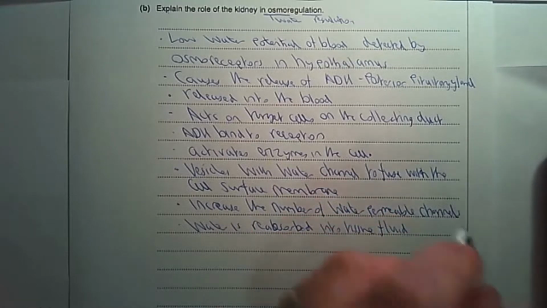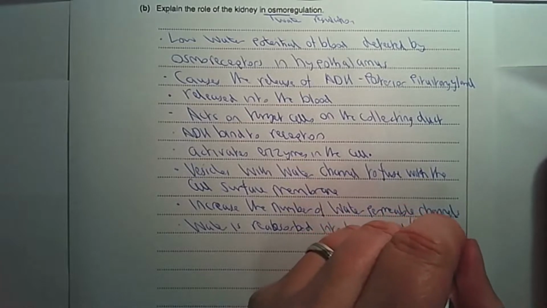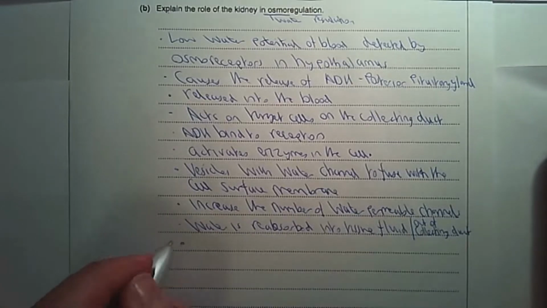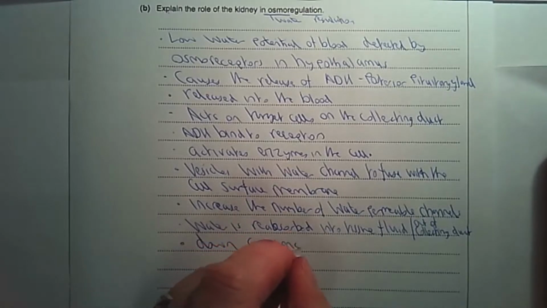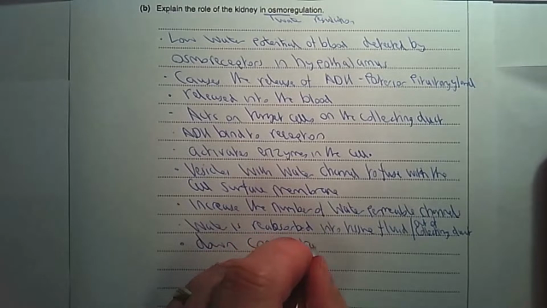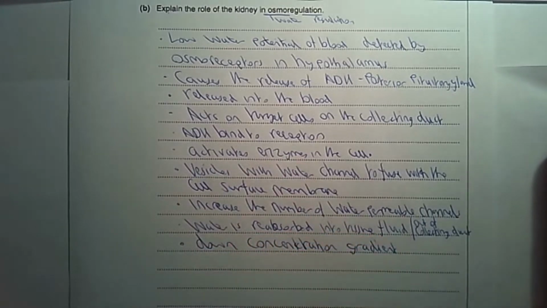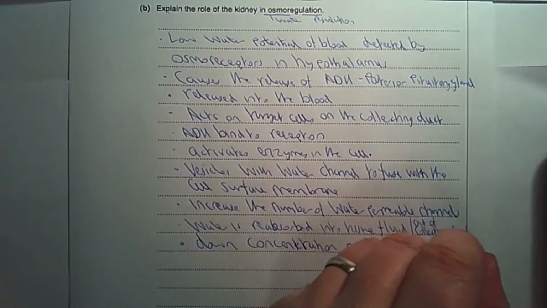Out of the collecting duct, not out of the collecting duct. So the water will move out of the collecting duct and be reabsorbed into the tissue fluid around the cells of the collecting duct. The reason it moves out is that water is moving down the concentration gradient by osmosis.